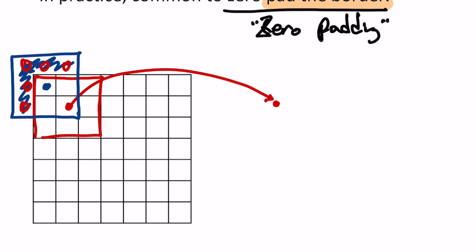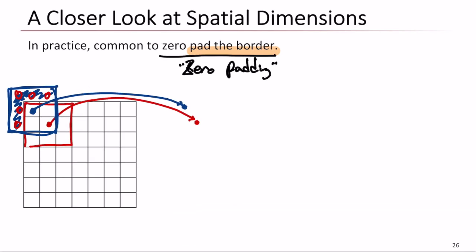Then process the data, and your first window starts from here. Then maybe your output is going to be a little bit larger, but we can estimate the value for this pixel as well. There are applications that require processing even the boundary information.